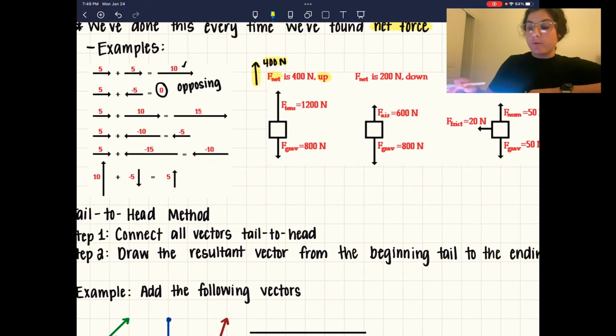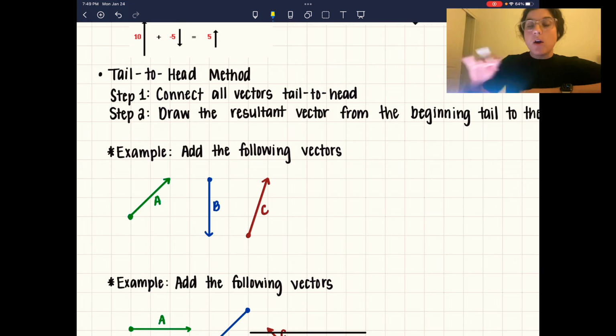What we're going to start thinking about now are vectors that add together that are not perfectly vertical or horizontal. We're going to start summing vectors that are diagonal. And the way that we're going to do this is with the tail-to-head method. The tail-to-head method makes it very simple to add vectors the same way every time, regardless of how they're drawn.